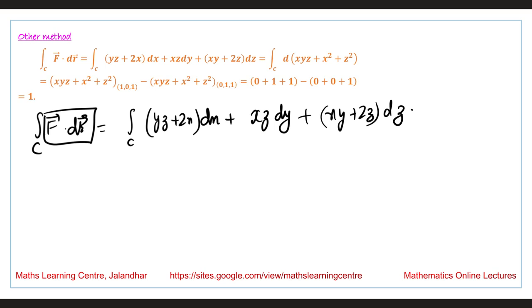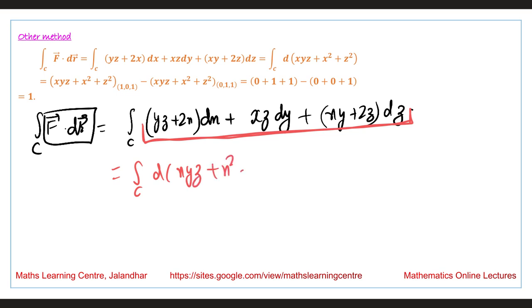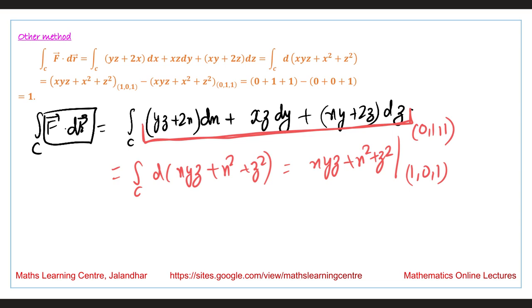I have calculated the value of F dot dr. Now in this particular case, this is the total derivative of xyz plus x square plus z square. So that is equal to xyz plus x square plus z square, and the limits are varying from the point (1, 0, 1) to the point (0, 1, 1), and on substituting these values, the final answer you will obtain is 1.